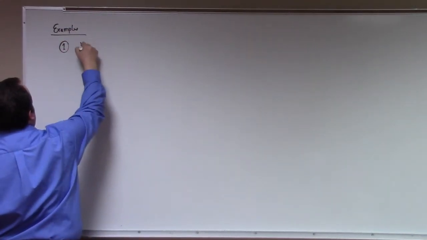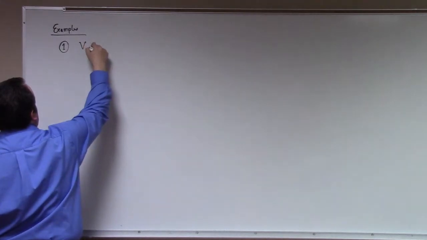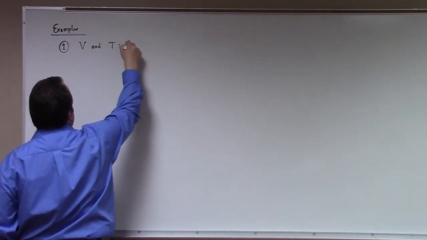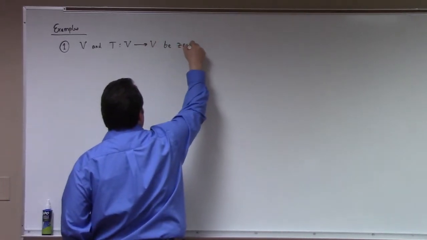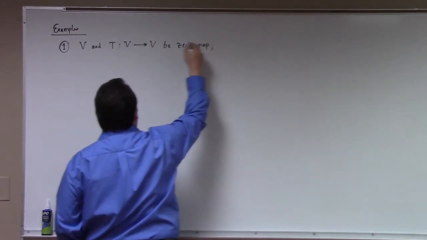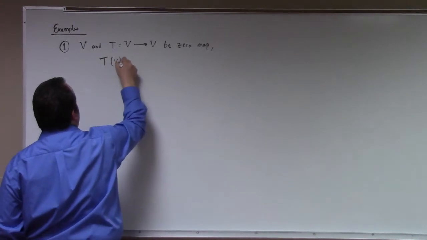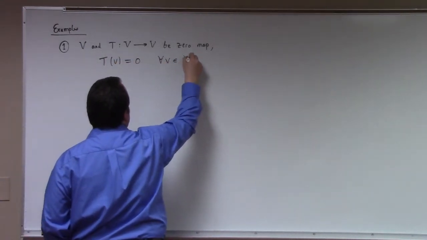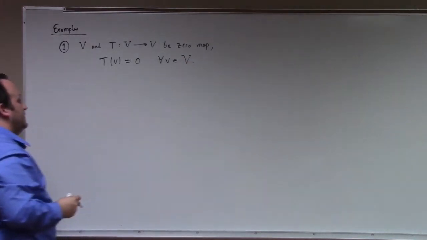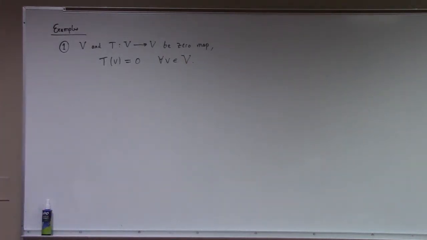Number one, if we have a vector space and we let T from V to V be the zero map. This is a very stupid map, right? T of v is equal to 0 for all v in V. So the zero map has every single non-zero vector as an eigenvector with eigenvalue 0.